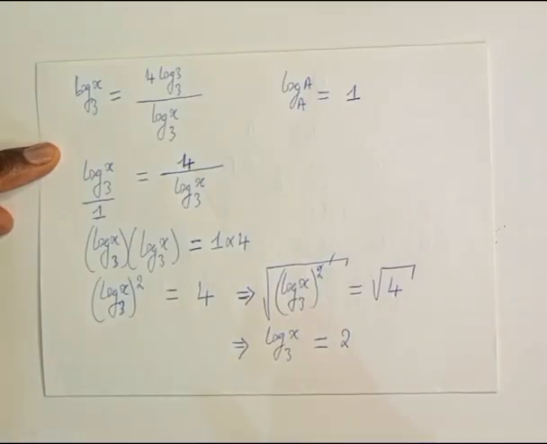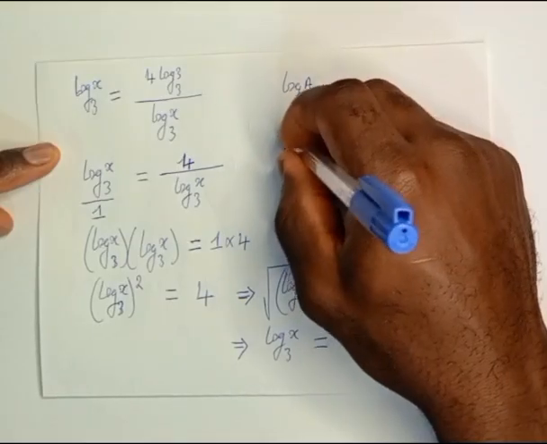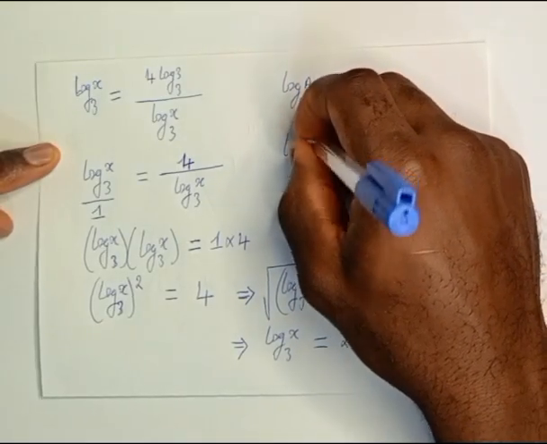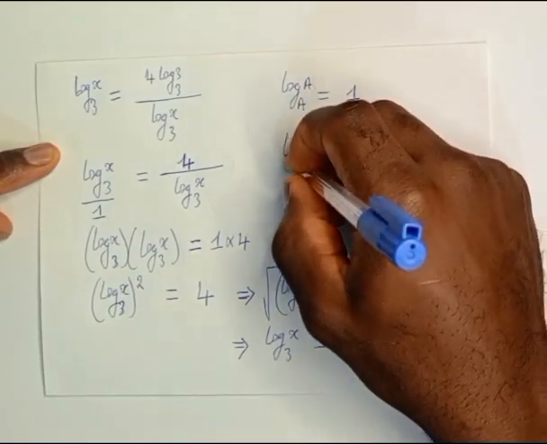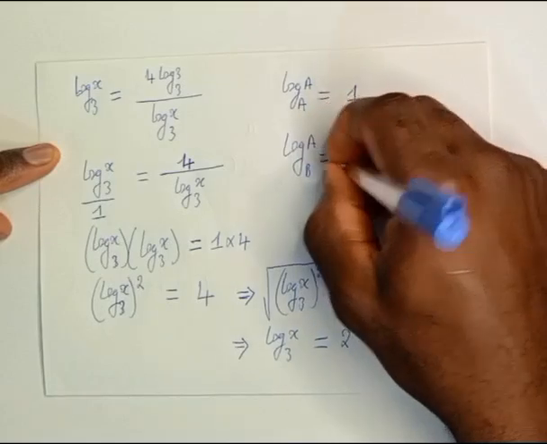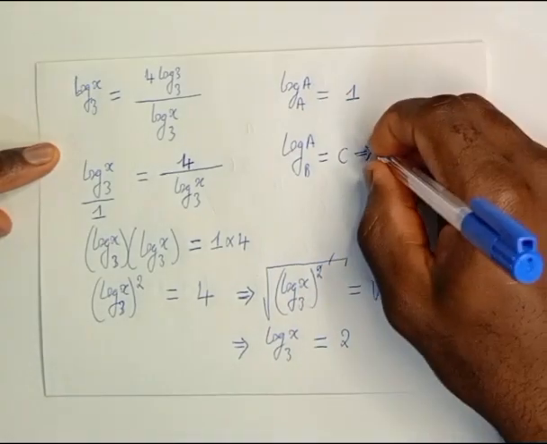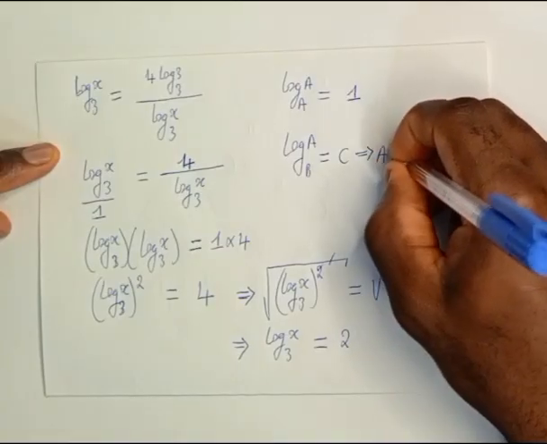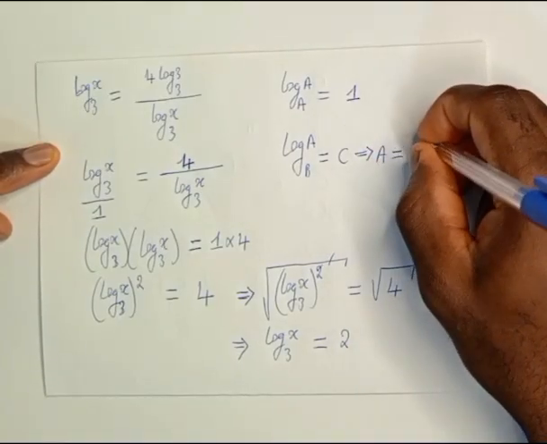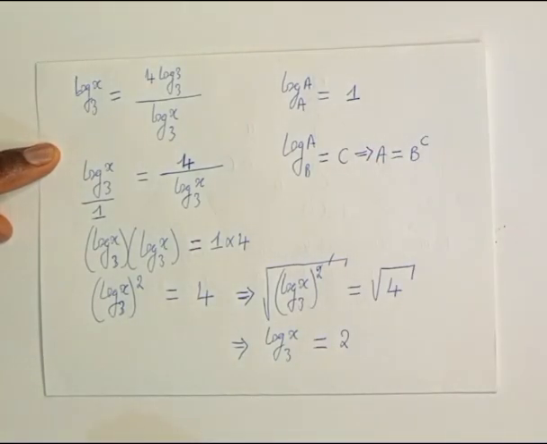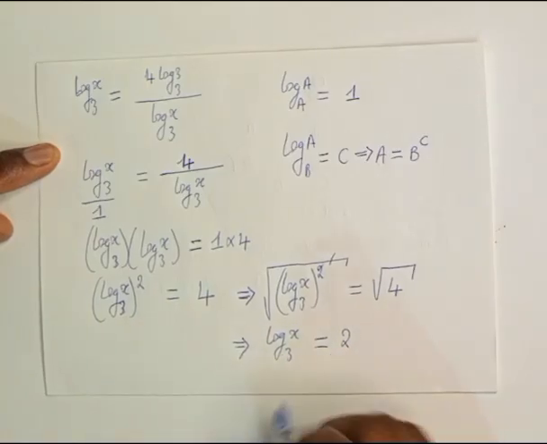Next, we know if we take the log of a base b and it is equal to C, then it simply means A is equal to B raised to the power C. That's what it means. We are going to change from logarithmic form to index form.